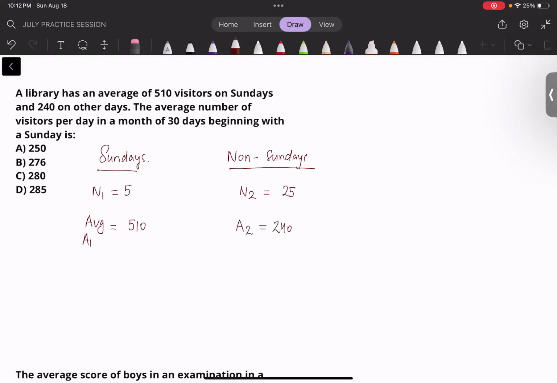Now, I will choose a value for the deviation method. Let's suppose I am choosing 240. Now carefully answer. Once I choose 240, let's see what happens.